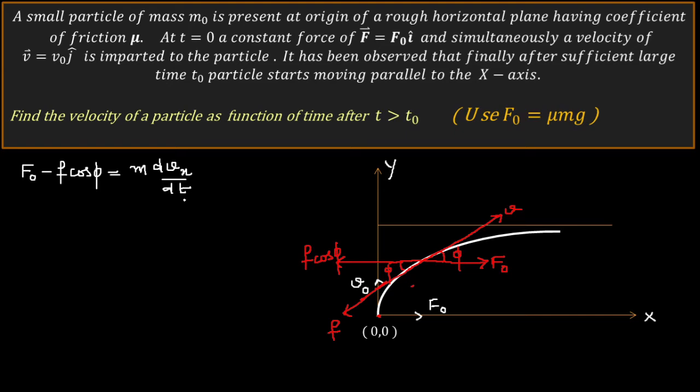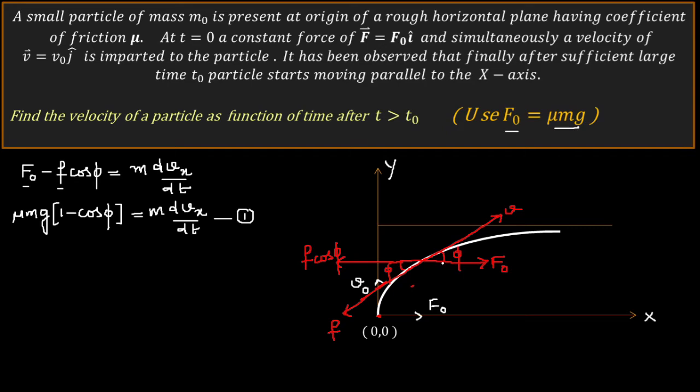Also it is given to use F0 as mu mg, and the frictional force is also mu mg. Since F0 and F are the same, I can write this as mu mg into (1 minus cos phi), which is equal to m dvx upon dt. So this is one expression in the horizontal direction.